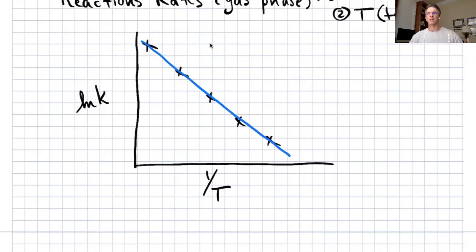So the log of the rate constant is linearly related to the inverse of the temperature, right?